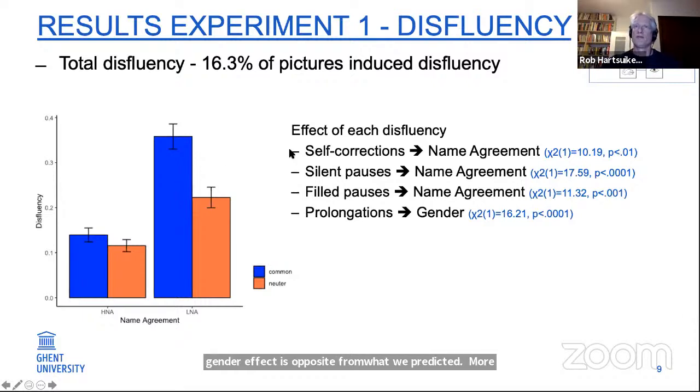If you look at all the disfluencies by themselves, then we find name agreement effects on self-corrections, on silent pauses, and on filled pauses. So they occur more often if name agreement is smaller. We found a gender effect for prolongations. So it's really the prolongations that are driving the gender effect overall, it seems. More prolongations with common gender.